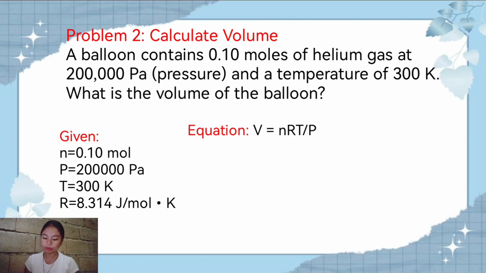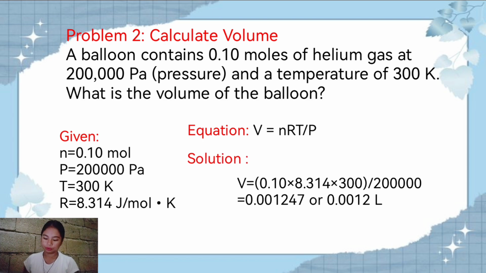So next, substitute ang given ngadto sa equation. And here's the final answer. So after solving, we get V equals 0.00125 cubic meters.